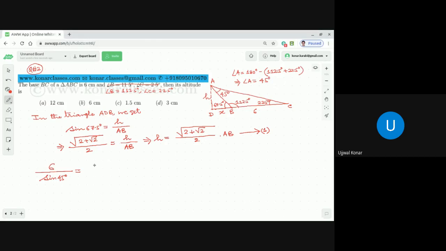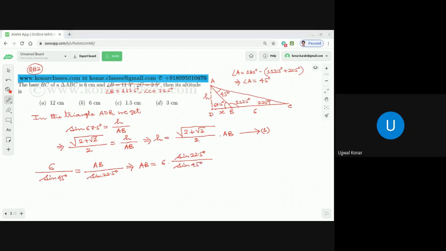Correct or not? AB by sine 22.5 degree. So from here we find the value of AB is equal to 6 into sine 22.5 degree divided by sine 45 degree.